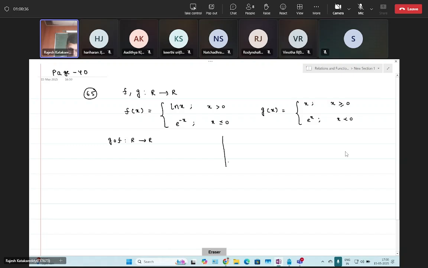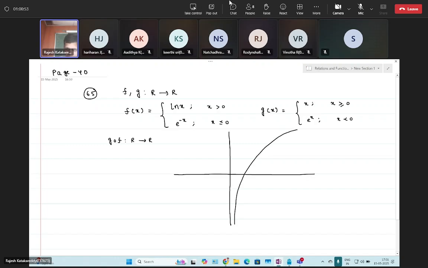First we draw the graph of log x. It is increasing. It starts very near 0 and goes to infinity. This is the point 1 comma 0, the x-intercept.